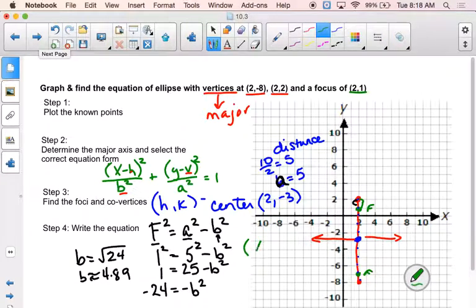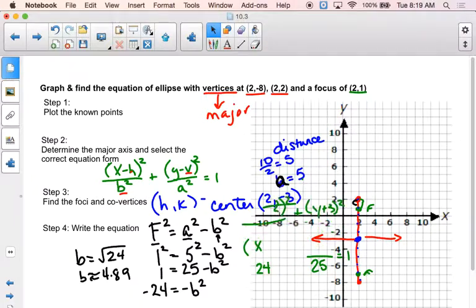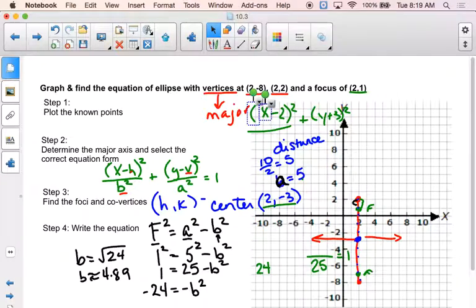My center was at 2, negative 3, so x minus 2 squared, y plus 3 squared over b squared. Well, b squared is 24. A was 5, so a squared is going to be 25, and that's all equal to 1. So there's my equation. Whoops, let's move this up so I can actually graph it now, because that's my next step.